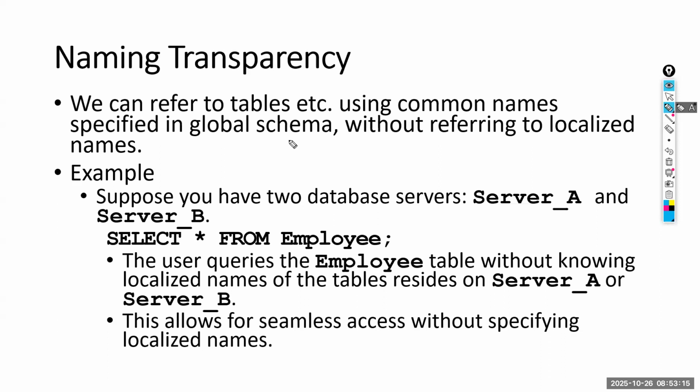You don't care that in different locations they use different names and so on. So then we say naming transparency. So you just refer to the global name in the global schema. You don't need to refer to the names in the local schema. So then we call it naming transparency, which is good. Transparency is good. That means you don't need to worry about this because you refer to the global schema.